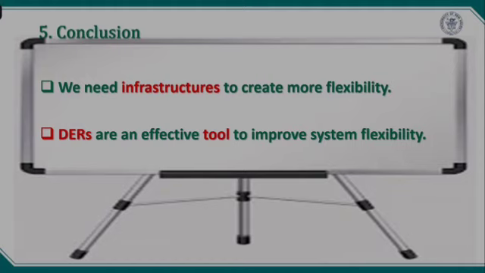The fourth conclusion is DRs are an effective tool to improve system flexibility. Why? Because they can affect active power, they can affect energy, they can affect voltage, and also power transfer capacity, and therefore they can change flexibility and improve it from technical point of view.